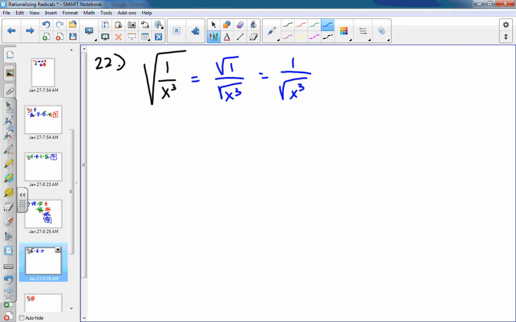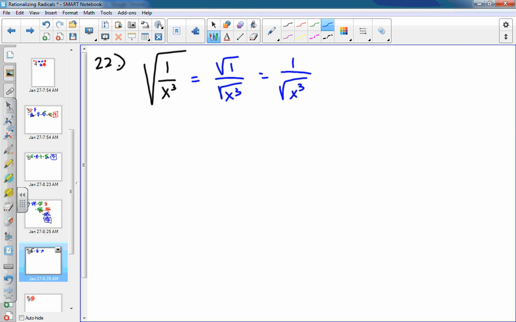I absolutely can, but am I still going to have to rationalize it? I am. So could I do like I did on problem 16, where I showed you 2 different ways? Could I rationalize this first and then simplify it second? Could I do that? I absolutely can.